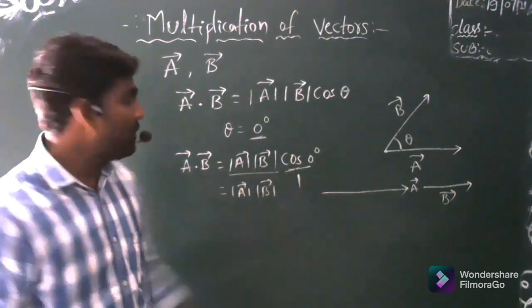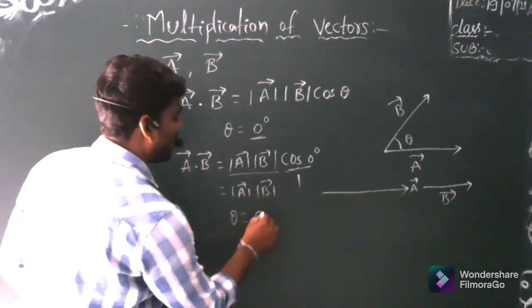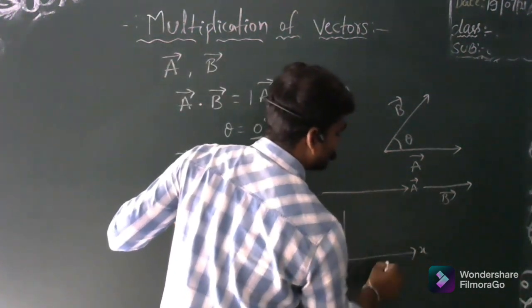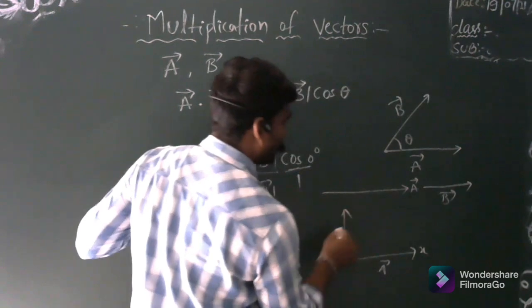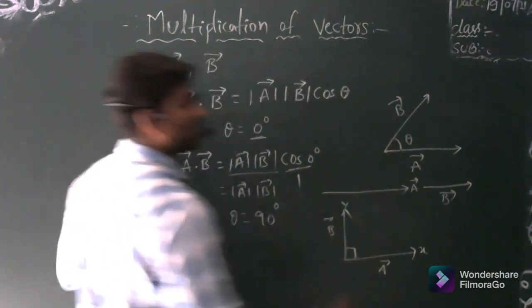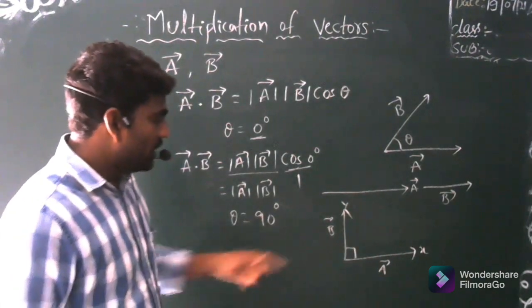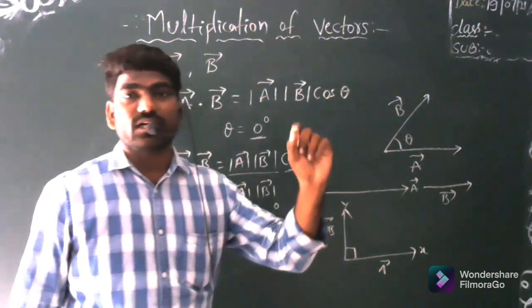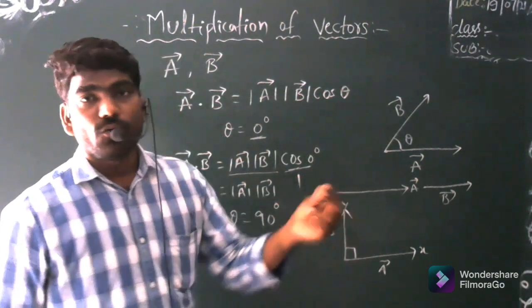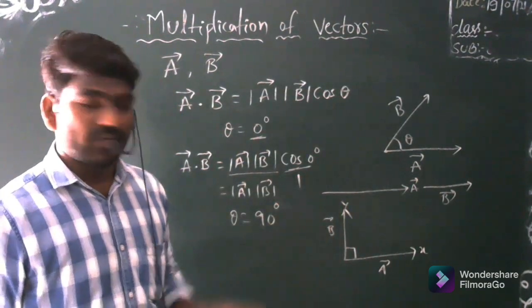What will happen if the two vectors are orthogonal? Orthogonal means one vector is along the x-axis direction and the other vector is along the y-axis direction, so the angle between them is 90 degrees. When two vectors make an angle of 90 degrees, we call such vectors orthogonal vectors.